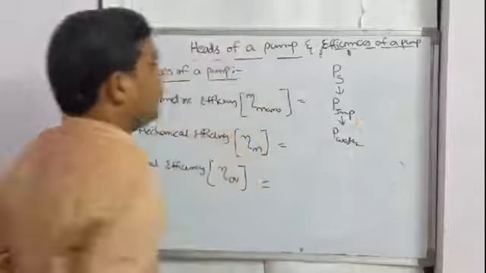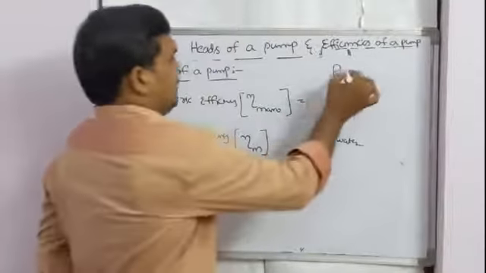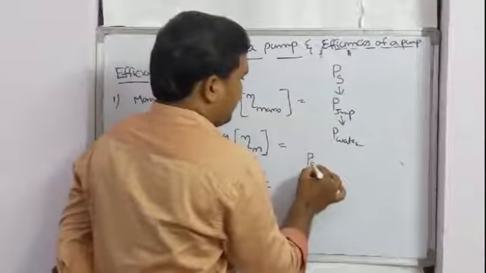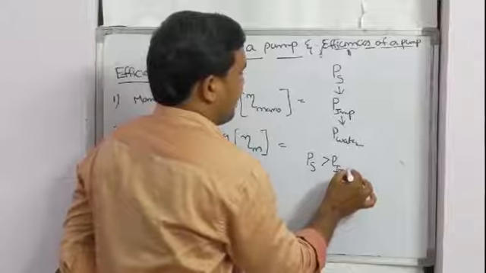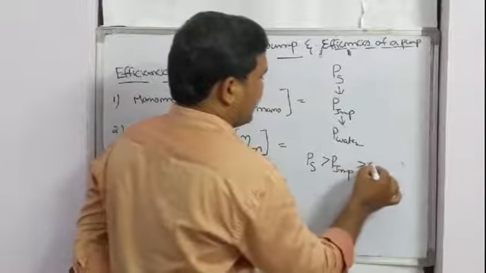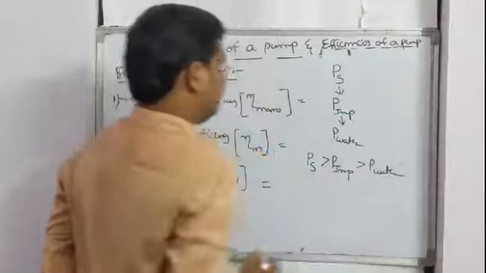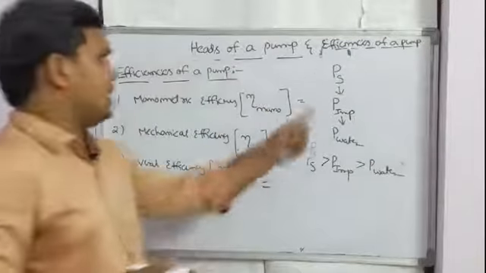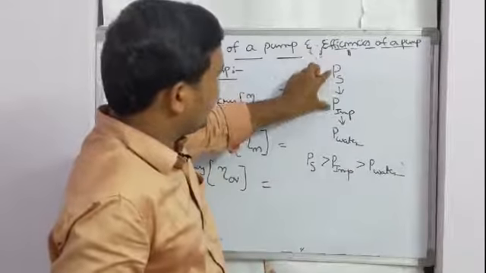This is the flow path of any centrifugal pump. This means the shaft power is always greater than the impeller power, and the impeller power is always greater than the water power of a pump. Gradually, due to conversions from shaft to impeller, there is a conversion loss.